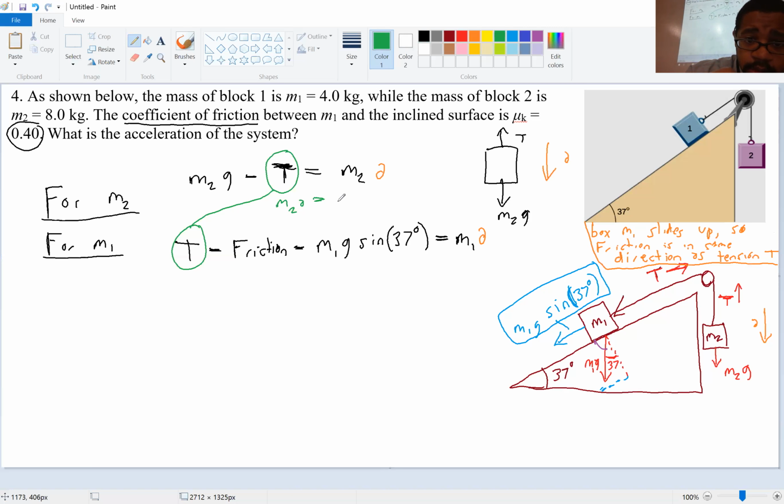M1 G minus G equals T. And then he takes this and places it in there. And that's a minus sign.